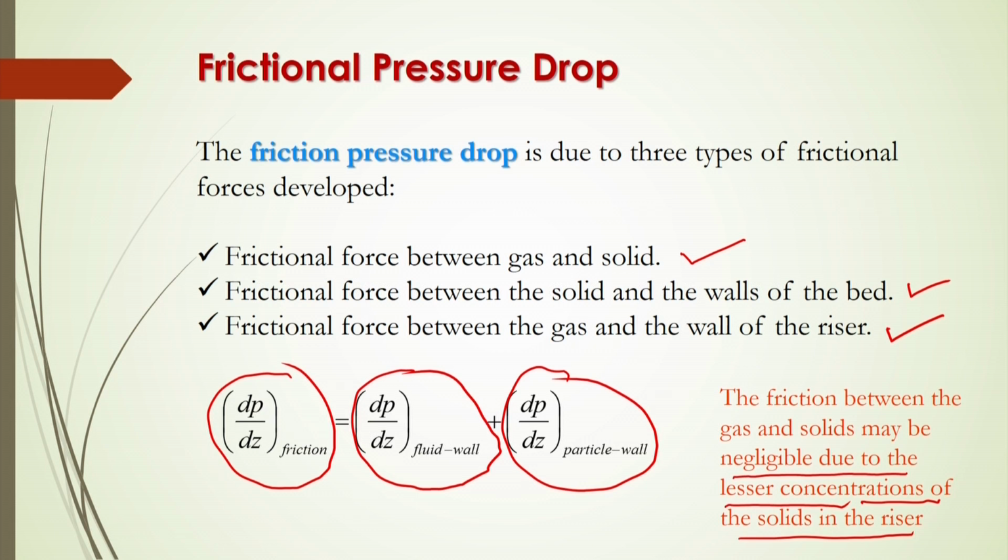In that case, the concentration of the solid is a very important factor. For gaseous medium, gas solids fluidization you can neglect, whereas for liquid solid here you can of course consider that frictional pressure drop, the friction between particle and fluid.